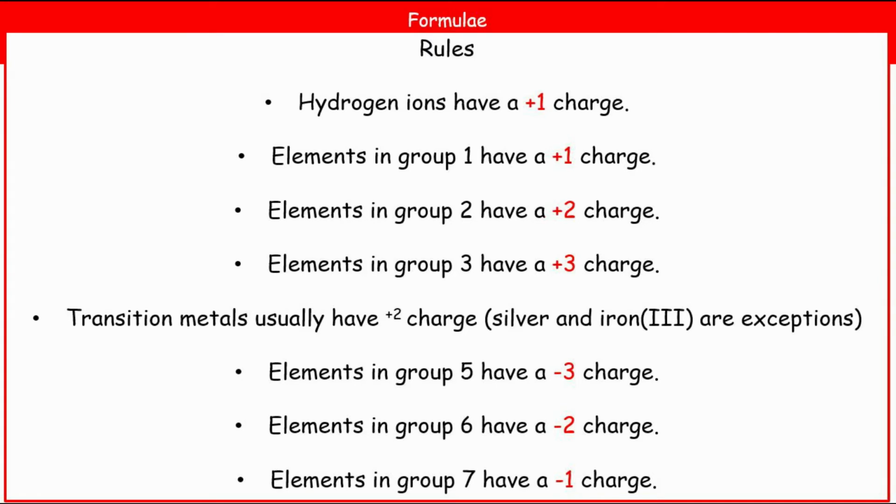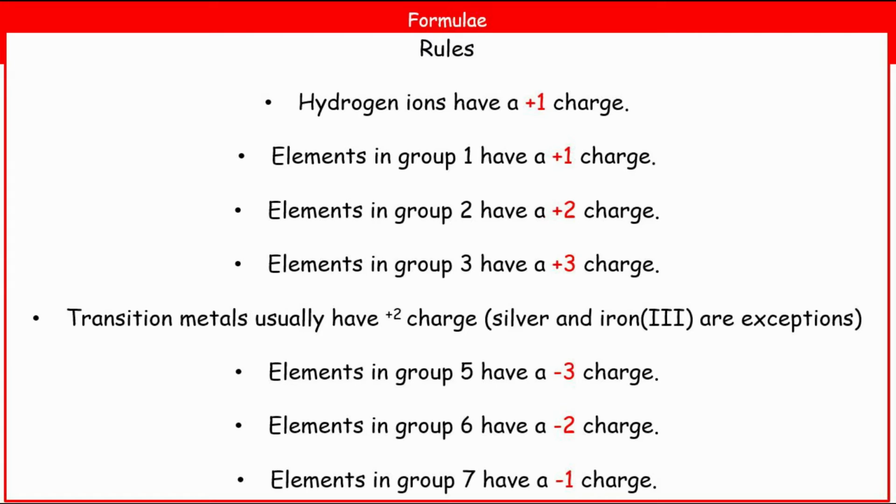But there are exceptions. And the way we will see those exceptions are that they're going to use a number in Roman numerals in brackets. And that tells us the charge on the ion. So where I've shown you iron with the 3 in Roman numerals in brackets, that would form Fe3+ ions. Whereas if I'd only given you iron with 2 in Roman numerals in brackets, it'd be Fe2+ ions.